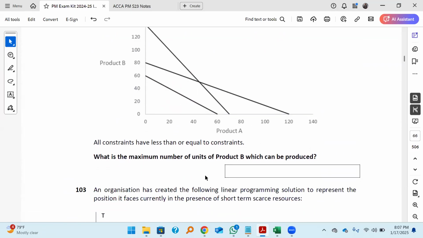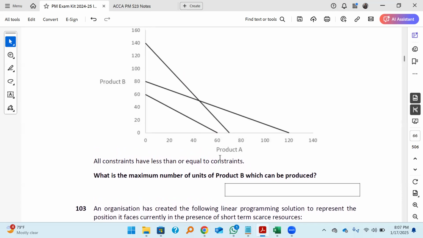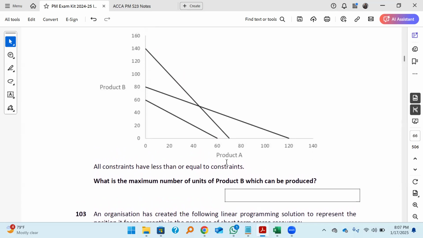What is the maximum number of units which can be produced of product B? Because this is product A, this is product B.